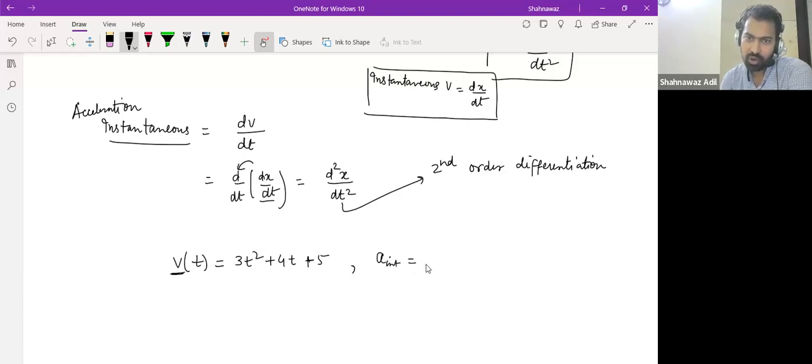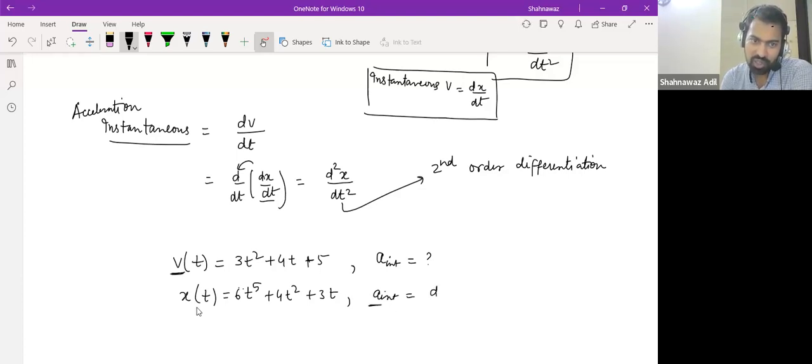Or let's say they have given you the form of x, the form of distance, so let's say t cube plus 4t square plus t. So this is given. Then how do you calculate instantaneous acceleration? You differentiate this x two times, so this would be d square x by dt square.